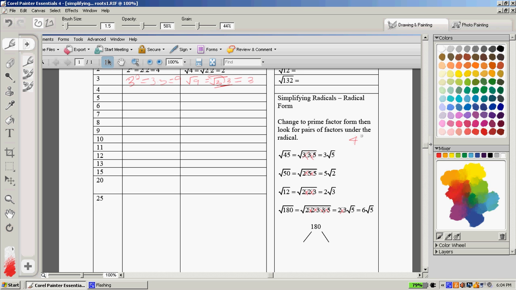What you're going to do is take the number underneath the radical and look for factors that 45 breaks into. 45 can be divided into 5 and 9. And 5 can't be broken down into any other factors, but 9 can. 9 can be broken down into 3 and 3.